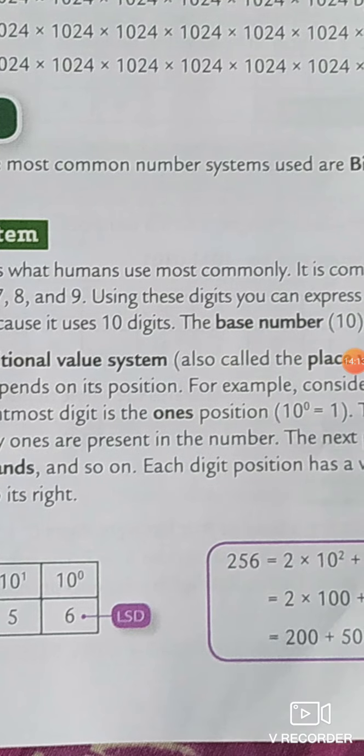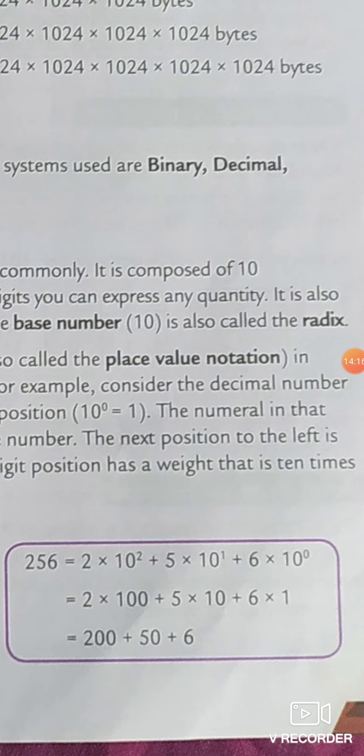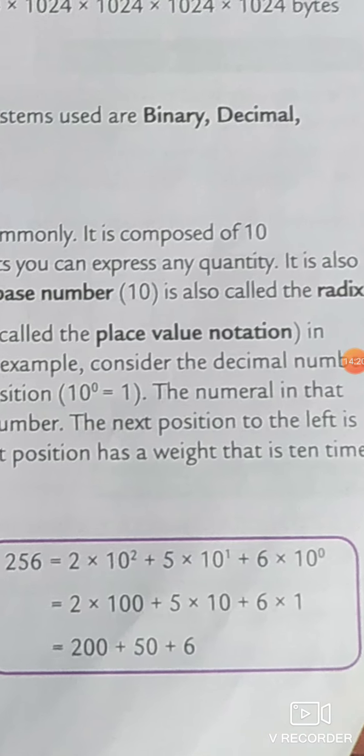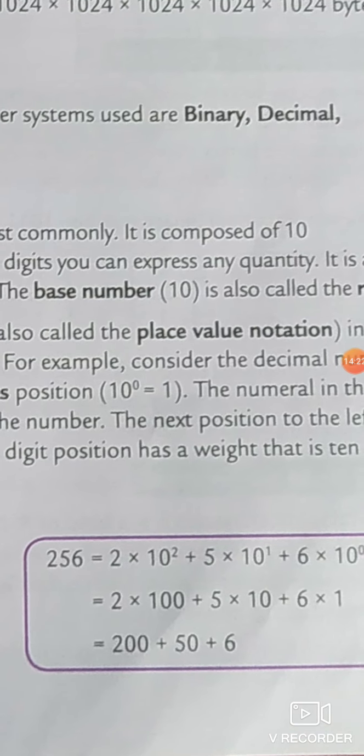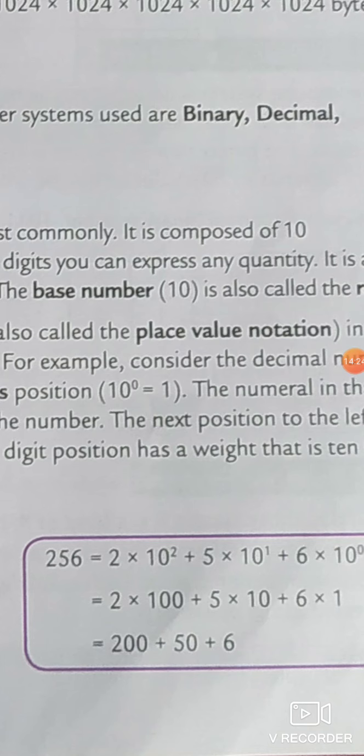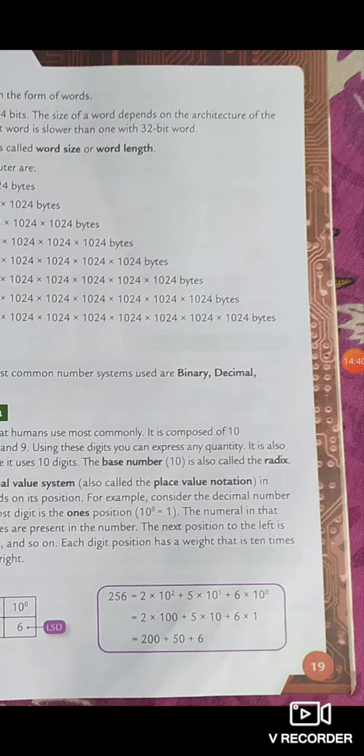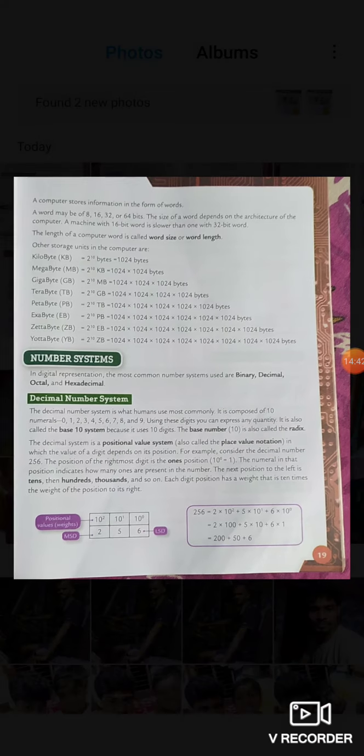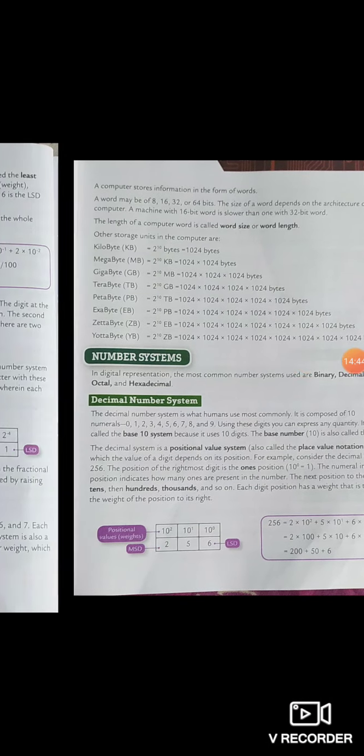So if we write 256 in positional manner, it will appear as 2 into 10 square plus 5 into 10 to the power 1 plus 6 into 10 to the power 0. So 2 into 100 plus 5 into 10 plus 6 into 1 means 256. This is the actual number. So this is the decimal number system.